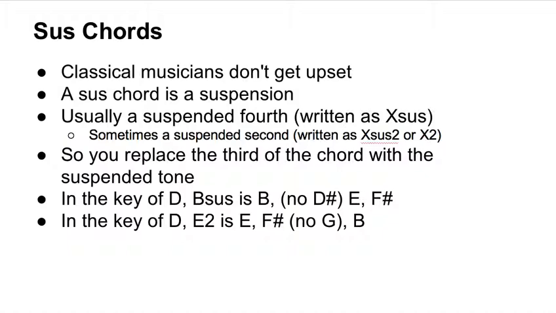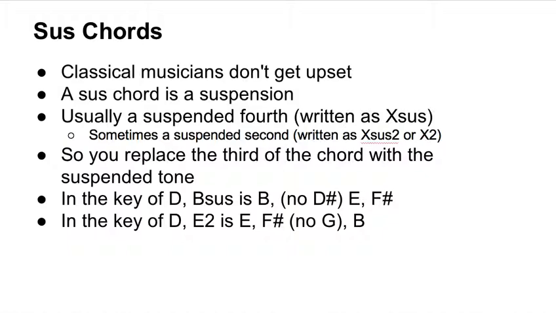Sus chords are the next set of chords. These are not that confusing. Again, classical musicians, remember that we use similar names to mean different things in popular music. So you may want to listen up for this. A sus chord is a suspension, or as much of a suspension as we have in our sort of music.